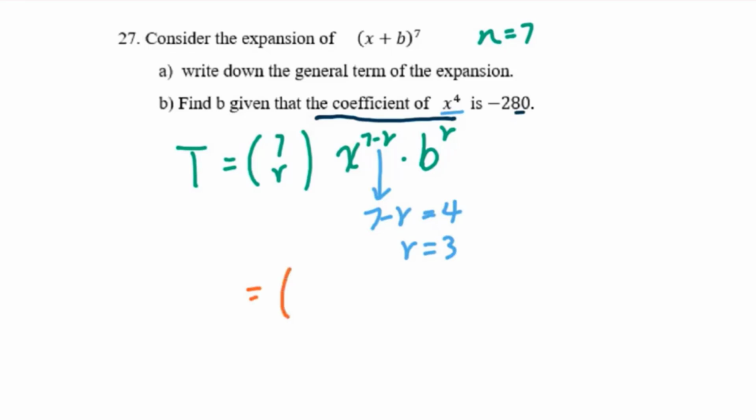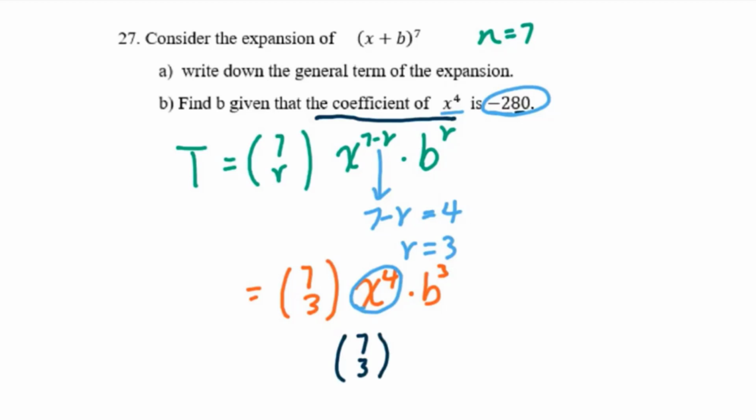You will get 7 choose 3, x to the 4th power times b to the 3rd power. We know the coefficient is negative 280. The coefficient for x to the 4th power is 7 choose 3 times b to the 3rd power, which equals negative 280.